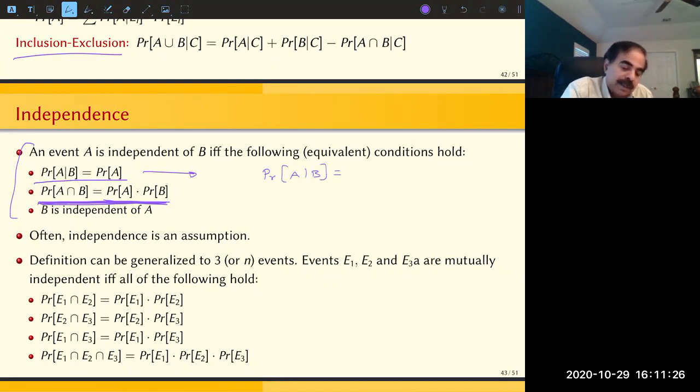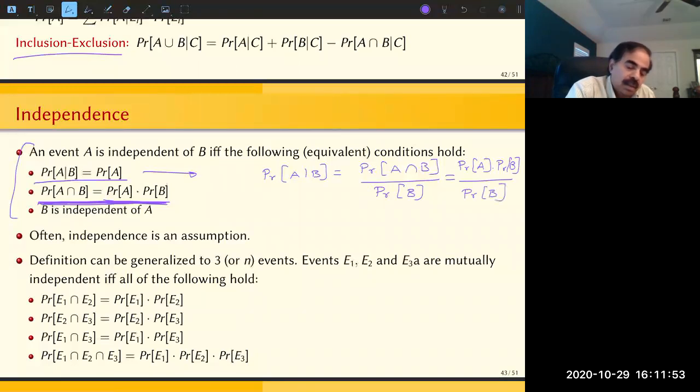And now for independent events, Pr of A intersection B is nothing but Pr of A times Pr of B. Right?